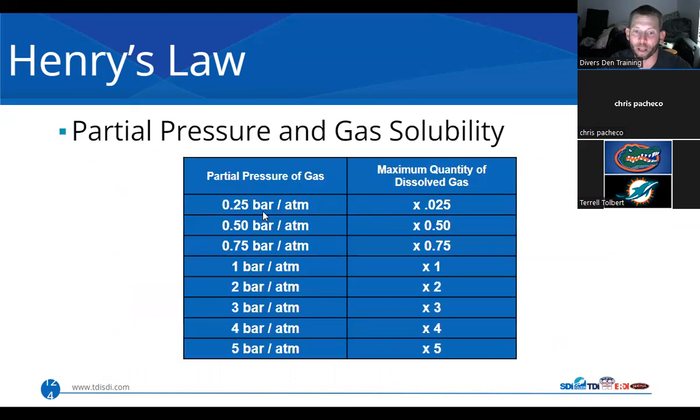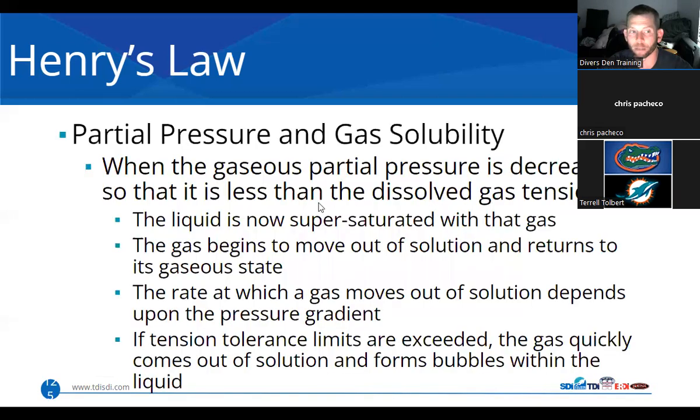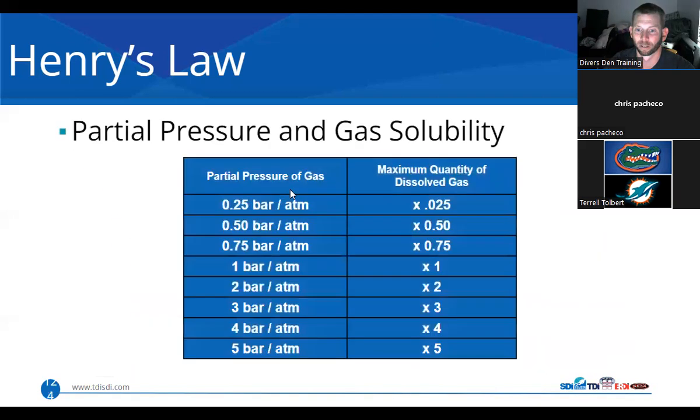Okay, so this is what it's telling you. At 1 atmosphere, 0.25 is going to be 0.25. At 0.5, it's going to be 0.5. At 0.7, this would be 0.25. That's a typo. Oops. That should be 0.25, not 0.025. All right, it should be 0.5. So this is what this is saying, right?